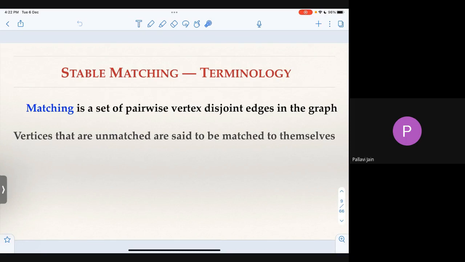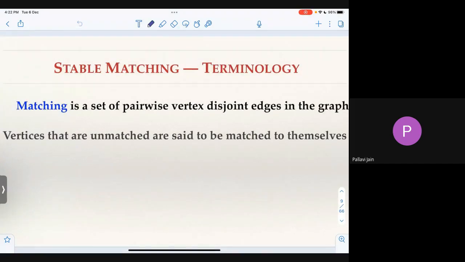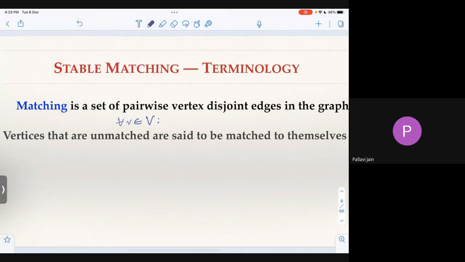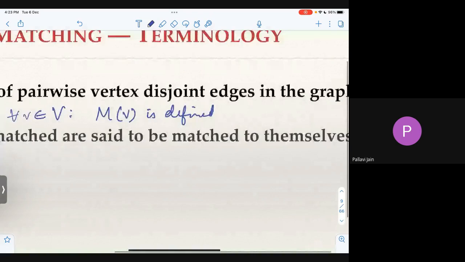So let me just write it. For any vertex, can you read if I use this font size? So this is defined, okay? This MV could be another vertex, otherwise it is V itself. This is what I mean.